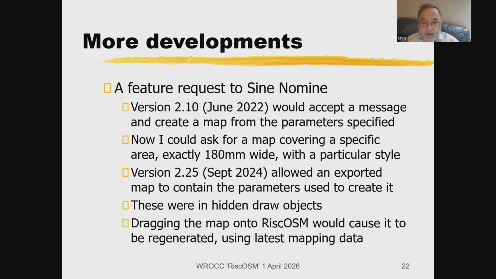RiscOSM will then put a circular pin with a number to say that's that location. But it won't actually say any more than that. We'll just put the pin on the map. If you then generate the map you generate will have all those pins in it as well. So if you load this extra information to RiscOSM before creating the map, then it will have all those pins in. So now let me go back to RiscOSM.